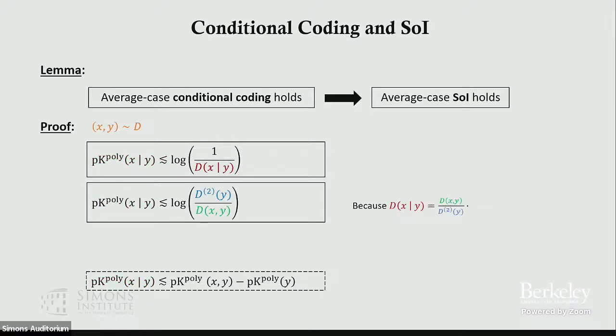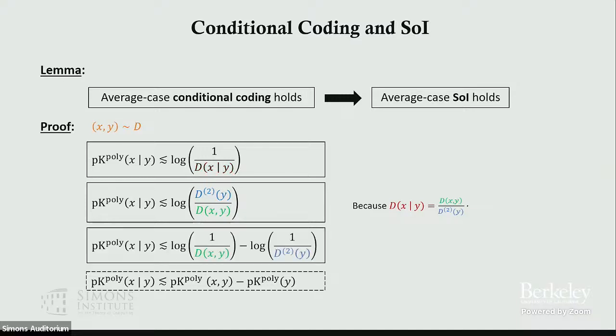Now on the top, we have the probability of X conditioning on Y. We can rewrite it as the ratio between the joint probability of X and Y and the marginal probability of Y. Here, D to the 2 denotes the marginal distribution of Y on the second half. So this is just the joint distribution and the marginal distribution, and now we have got rid of the conditional probability.